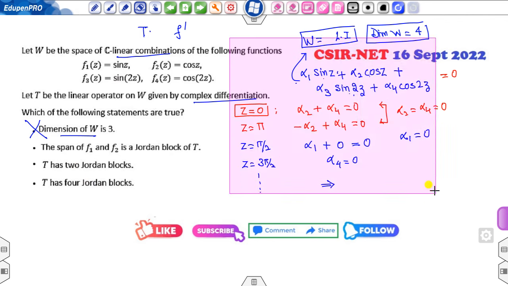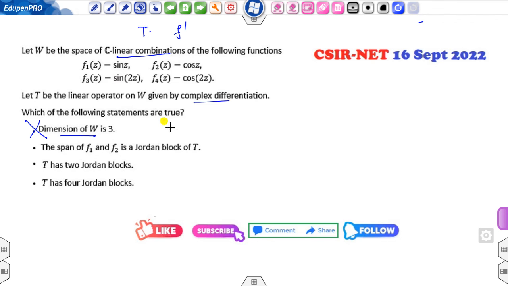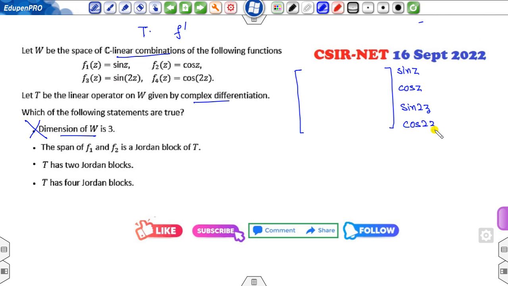Now, second part, span and Jordan block. Firstly, we can find the Jordan block. For that, we need to write the matrix. The basis is sin z, cos z, sin 2z, and cos 2z. Now, firstly, sin z: what is the derivative of sin z? It is cos z, so the coefficient of cos is 1, the rest are 0.